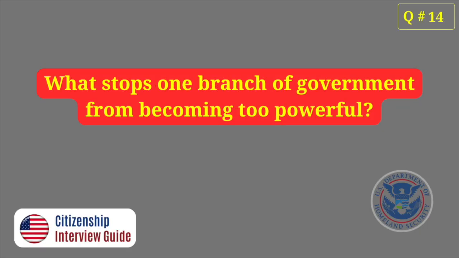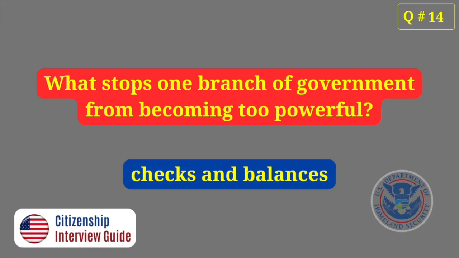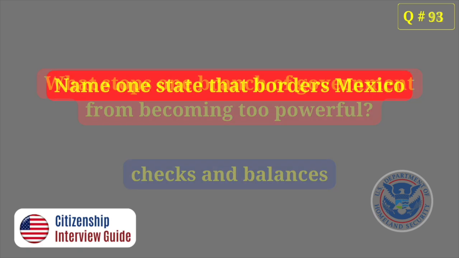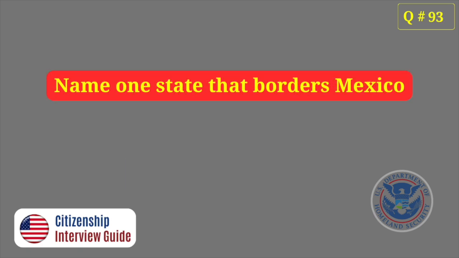What stops one branch of government from becoming too powerful? Checks and balances. Name one state that borders Mexico.